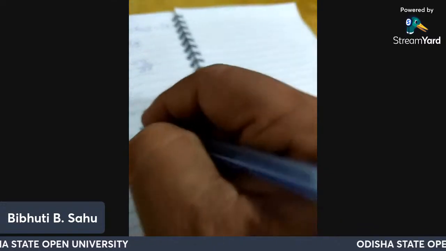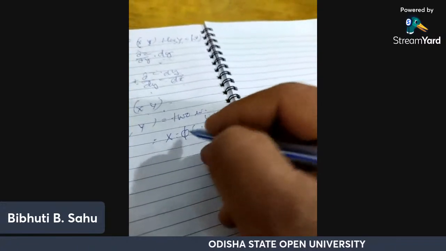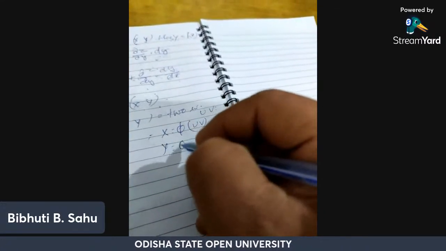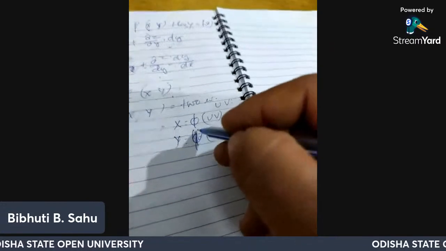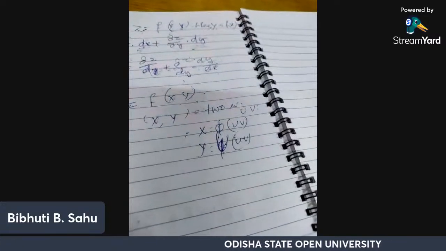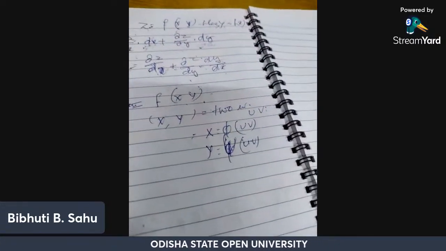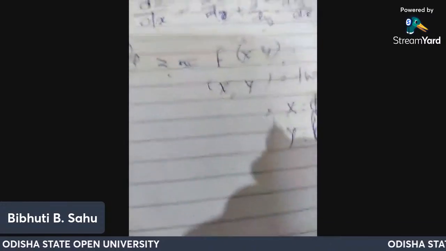That means x is a function of u and v, y is also a function of u and v. Assume that all functions have known partial derivatives.